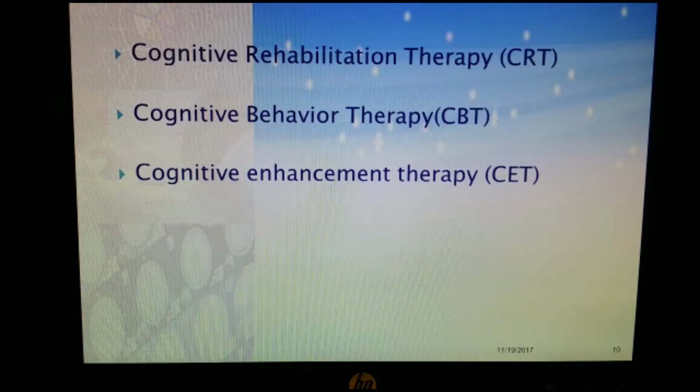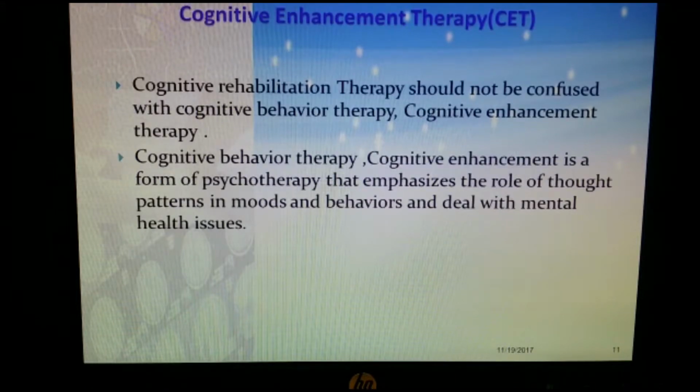Again, these terms are almost similar, but there is a key and significant difference between them. Cognitive rehabilitation therapy should not be confused with cognitive behavioral and cognitive enhancement therapy, because those are forms of psychotherapy that emphasize the role of thought patterns in moods and behaviors and deal with mental health issues.